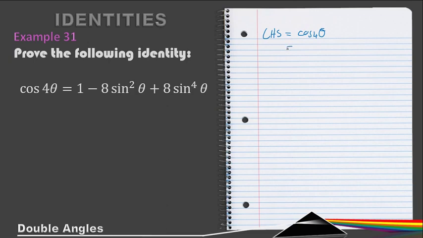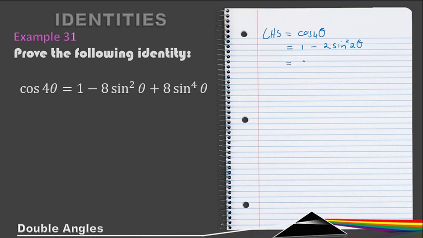So this is going to be equal to 1 minus 2 sine squared 2 theta, because we halve the angle if we use the double angle identity. Alright, now we need to change this one, and we can just replace that with 2 sine theta cos theta.